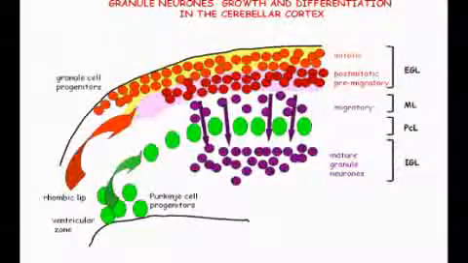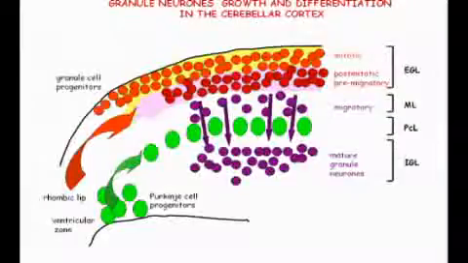Several groups found out almost 10 years ago the signals that control the proliferation of this secondary epithelium, this would be where the granular cells locate, and then they grow again, a second wave of growth that gives rise to a huge number of granular cells that we find in the adult cerebellum.